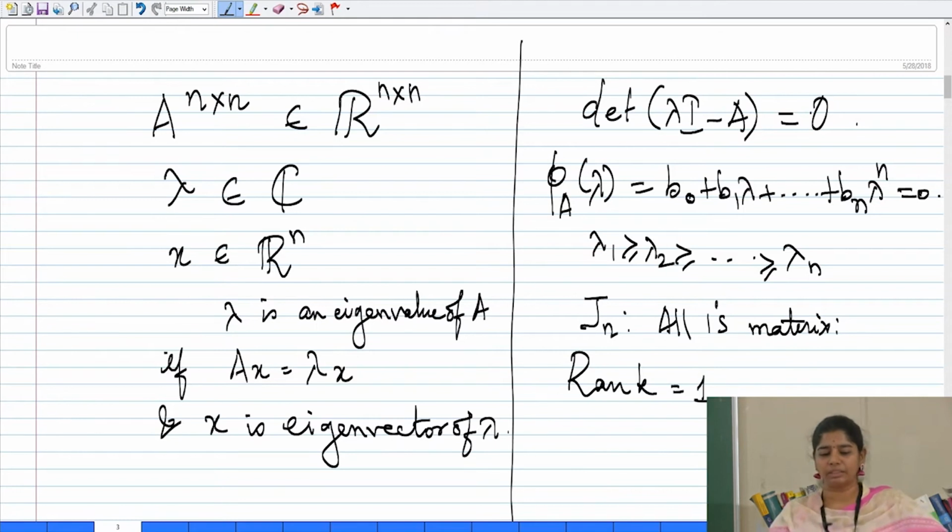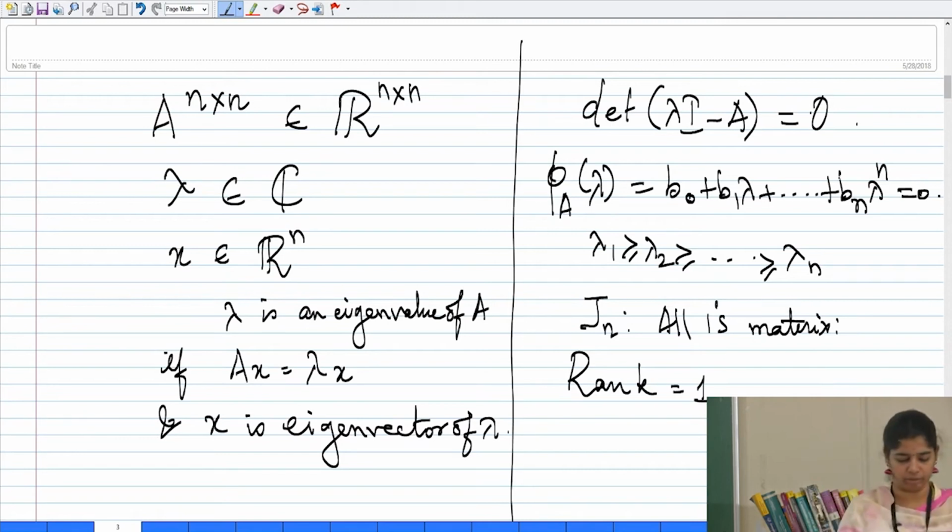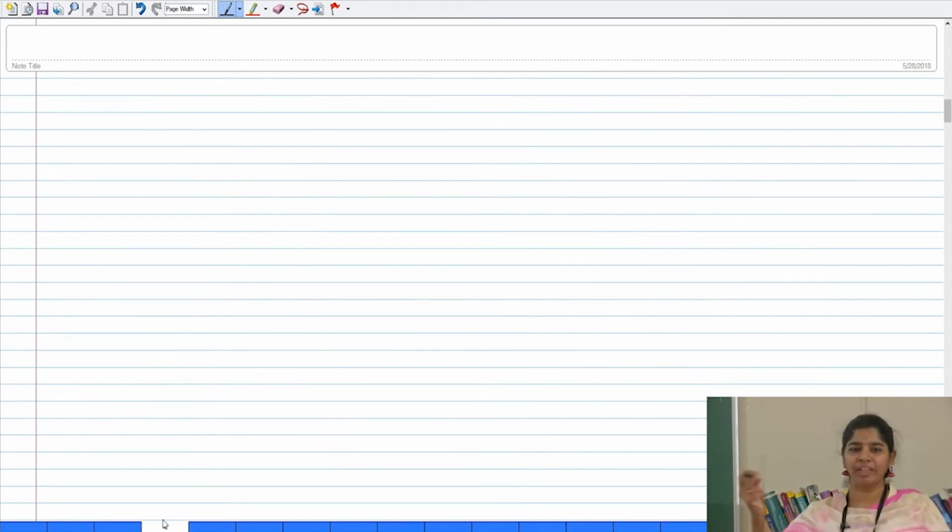I'll get back to the characteristic polynomials. What does your characteristic polynomial reveal? How do you connect your matrix and the characteristic polynomial and its determinants? We need to do all these exercises a little bit. If you are a bit faster with me, I will also go faster. The sum of the eigenvalues is equal to the trace of the matrix. What is trace?